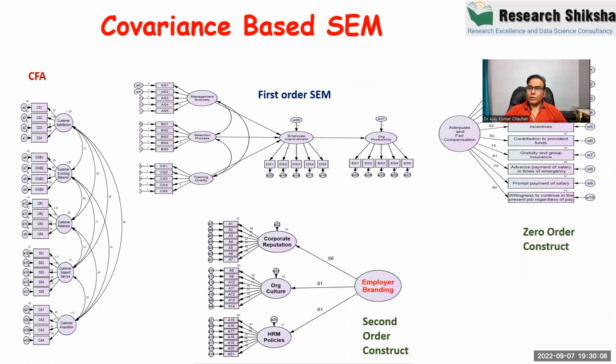So it is based on the variance and covariance matrix of the variables. And they apply the maximum likelihood estimation method for calculating all the numbers. So the mathematics is different, the model is different, the way of calculating all the parameters is different. So everything is different. Covariance based SEM is totally different mathematics, and PLS based SEM is totally different mathematics.